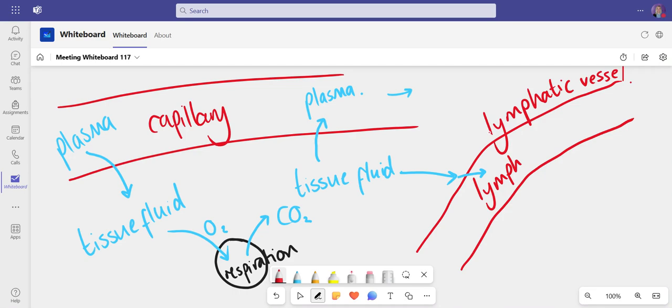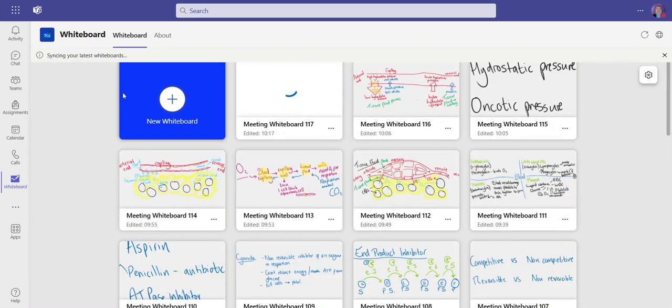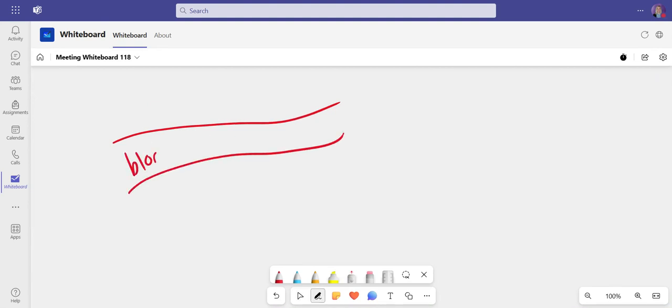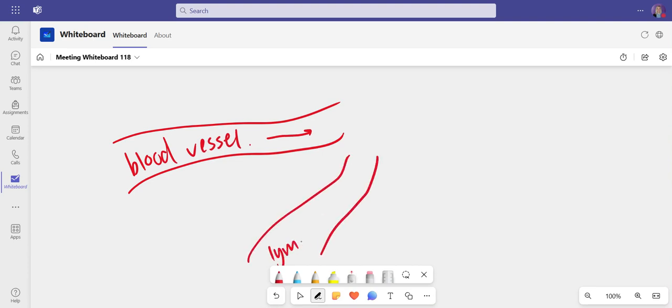And eventually, this lymph vessel will join up with the blood vessels. So this one here could be a blood vessel coming along here. This could be a lymphatic vessel coming along here.